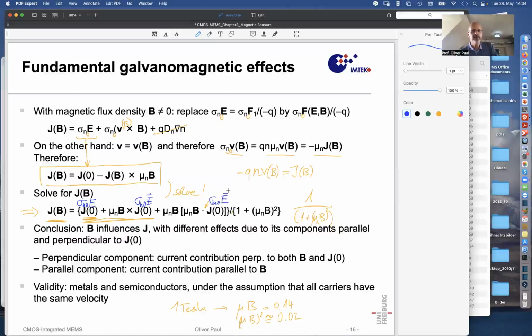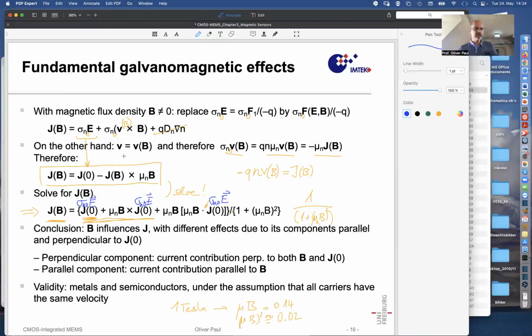And then thereby I will relate the current density to the driving electric field that drives that current density.